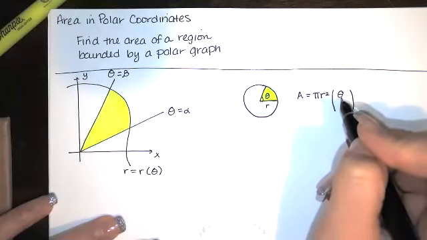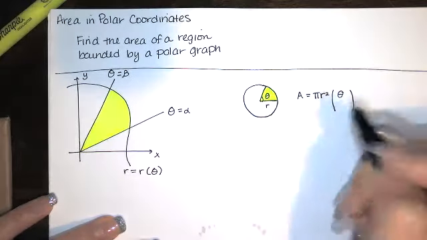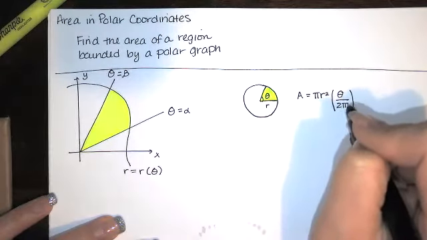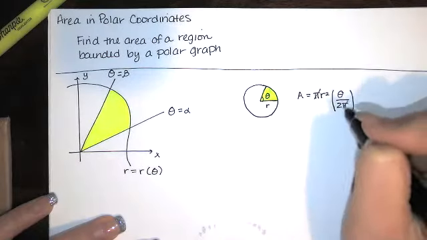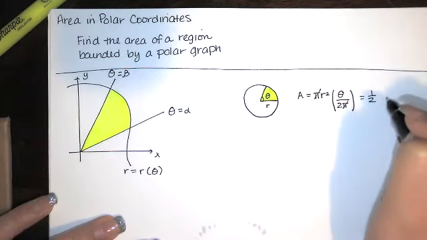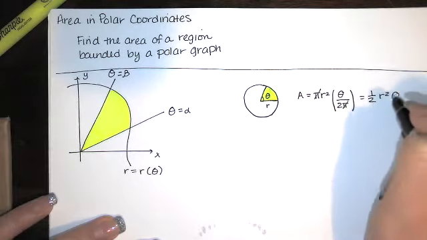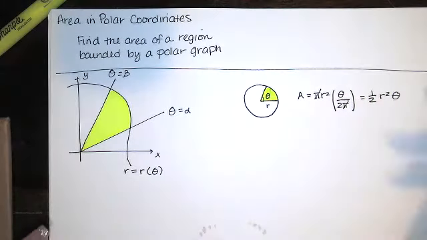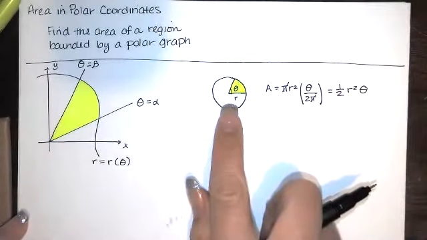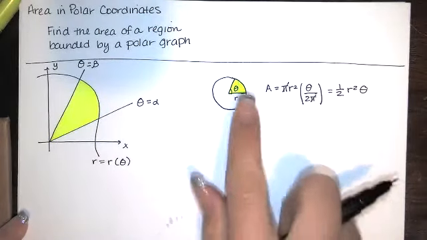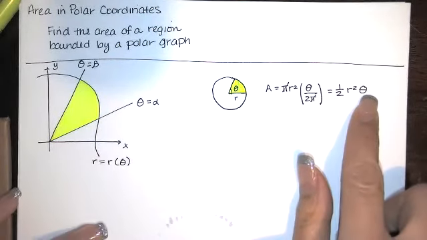So it's theta out of 2 pi. When I simplify that, the pi's reduce, and I end up with 1/2 of r squared times theta. So the area of this little circular sector is 1/2 of the radius squared times theta.